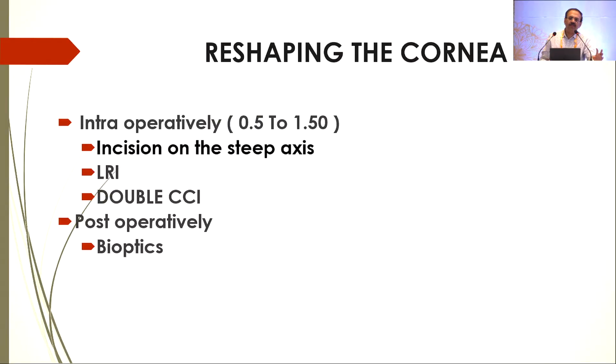So in spite of all things done, we can also reshape the cornea if we have a little residual astigmatism. Generally for a slightly lesser value, say about 0.5 to even 1.5, I do not tend to reshift the lens or take the patient to the OR, where I can directly do it just by neutralizing the steep axis with my incision only.